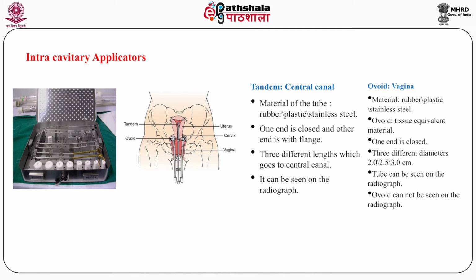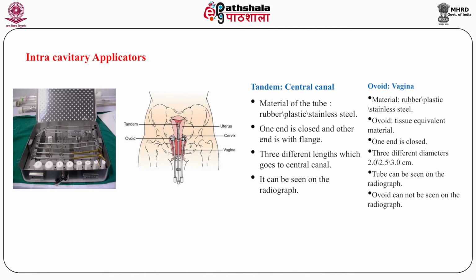It can be seen on the radiograph. The ovoid, which rests in the vagina, has material of rubber, plastic or stainless steel. Ovoid is tissue equivalent material. One end is closed. 3 different diameters of ovoids are used: 2 cm, 2.5 cm and 3 cm.